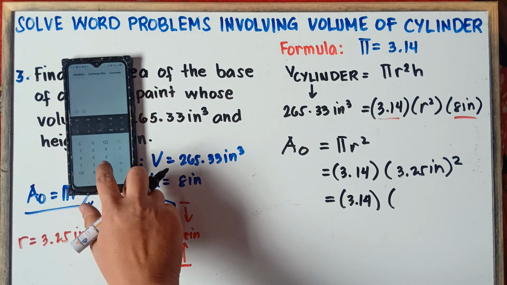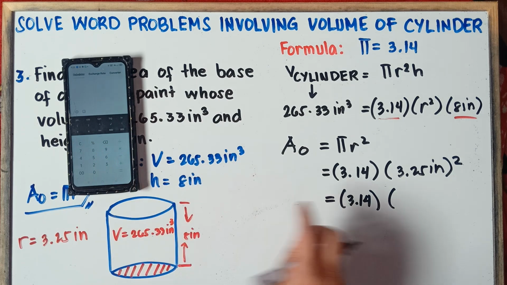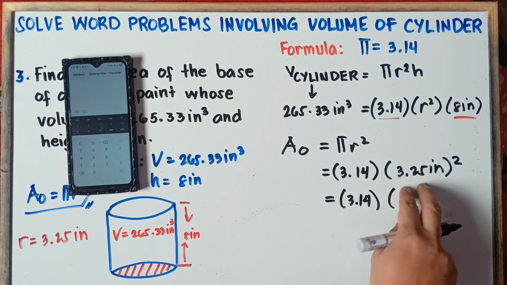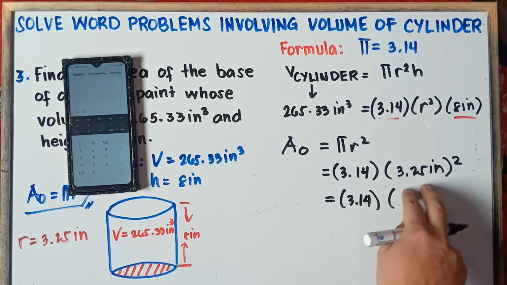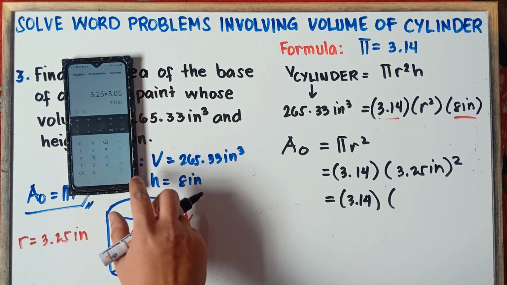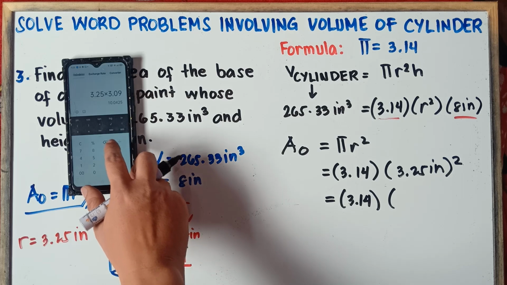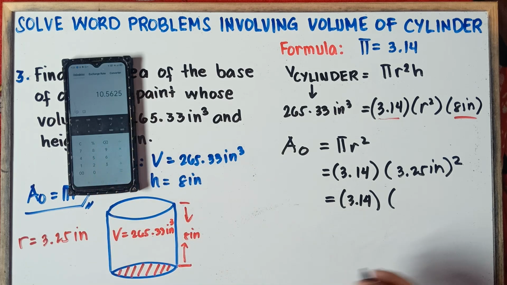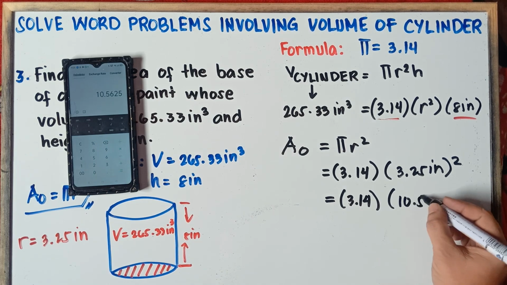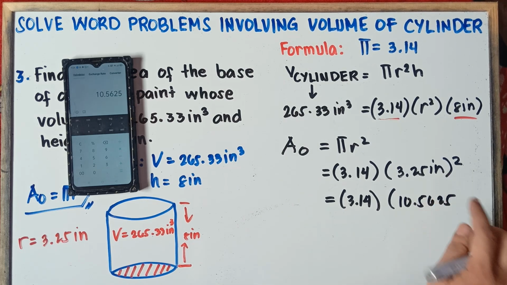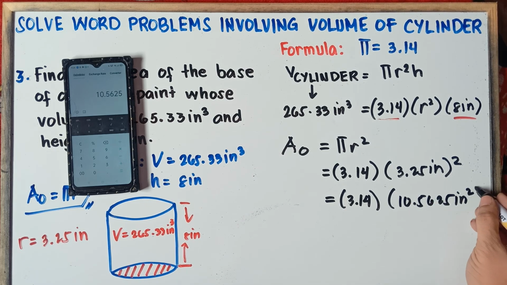So this will be 3.25. Once again, class, it doesn't mean 3.25 times 2. It means 3.25 times 3.25. So 3.25 times 3.25, and the answer would be 10.5625, and then inches times inches would be square inches.